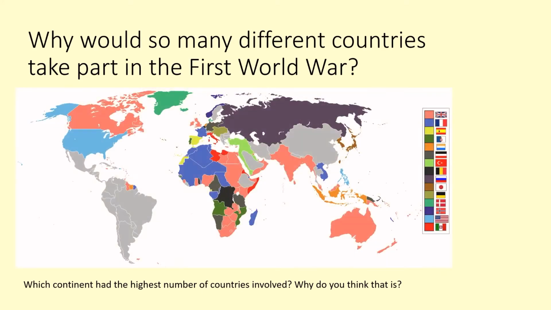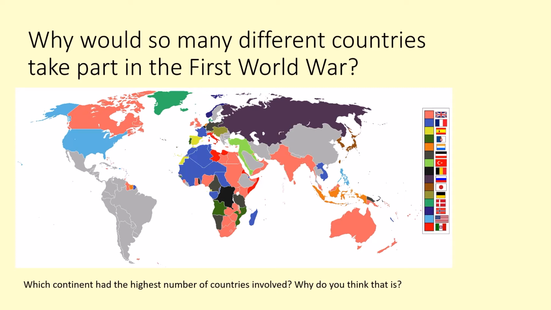What I want you to do is pause the video here, and just quickly jot down a short answer to this question. Firstly, why would so many different countries take part in the First World War? Hopefully that one will be fairly obvious based on what we've done earlier in the year, and, well, I've already mentioned it a couple of times. And then a question at the bottom: which continent had the highest number of countries involved?